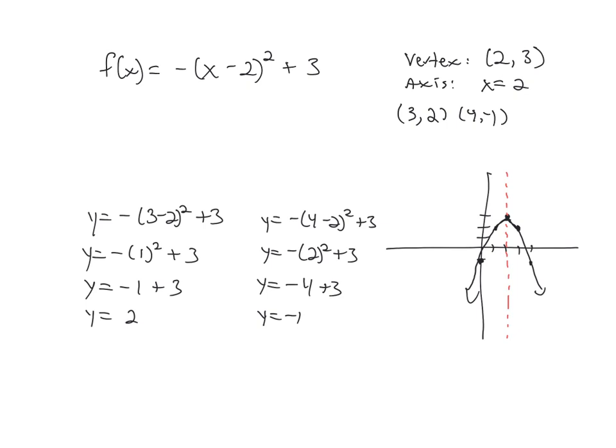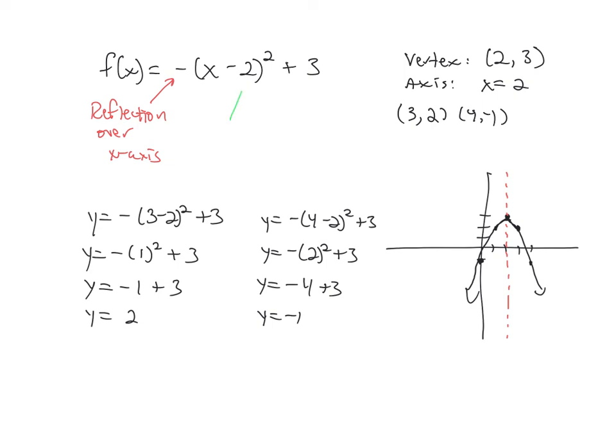And then now again, we got to do the transformation. So the negative in the front is always a reflection over the x-axis. And then again, I think that this is why I think vertex form is the easiest. The -2 and the 3, remember that's the vertex. How did I graph 2, 3?